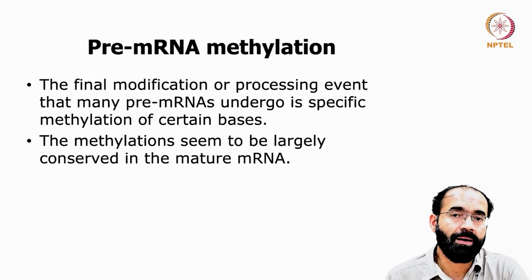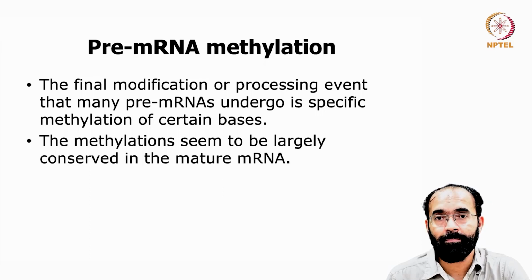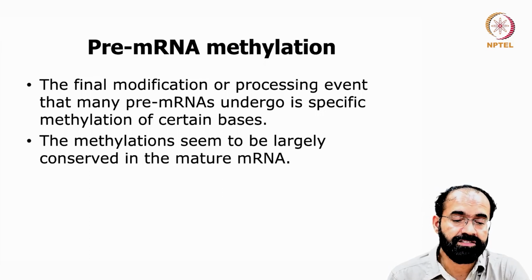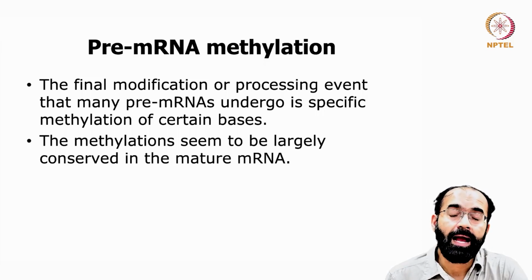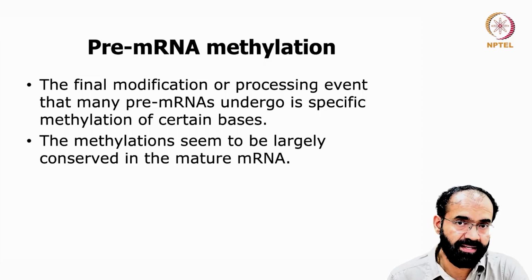That means when an mRNA has done its capping, tailing, splicing, etc., then it undergoes modifications such as methylation. The majority of the methylations make them resistant to degradation and also make them accessible for other modifying enzymes.